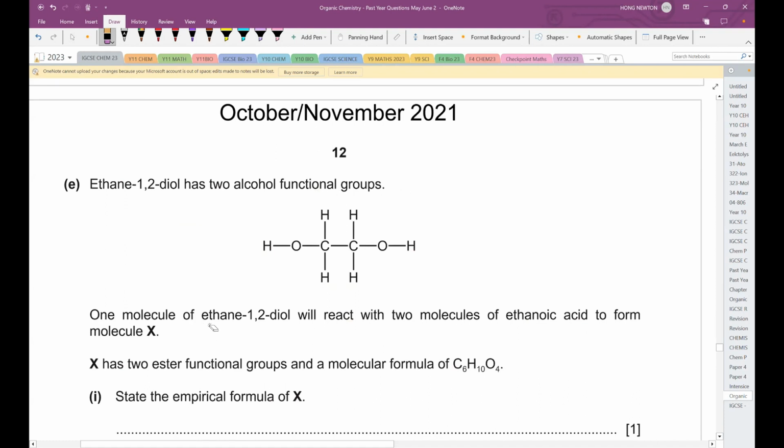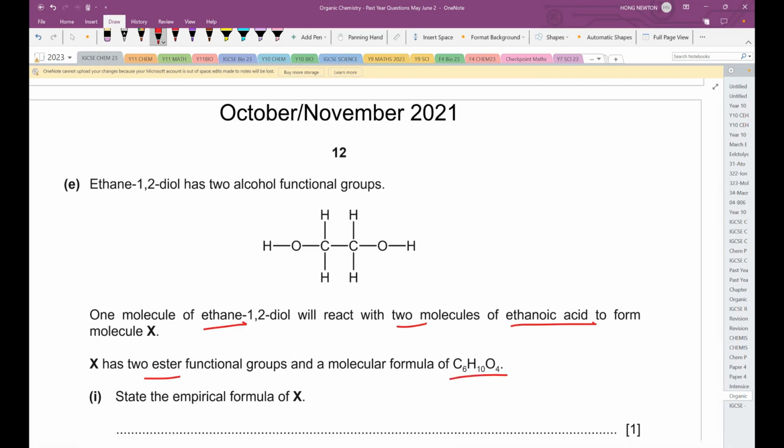So one molecule of ethane-1,2-diol will react with two molecules of ethanoic acid to form molecule X. This is ethane-1,2-diol, and it will react with two molecules of ethanoic acid to form molecule X. So X has two ester functional groups, and the molecular formula is this one.